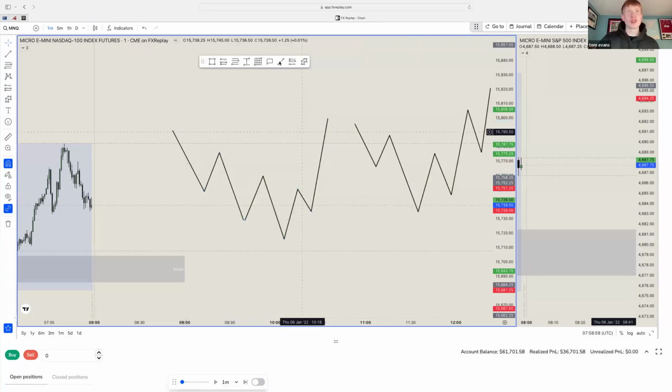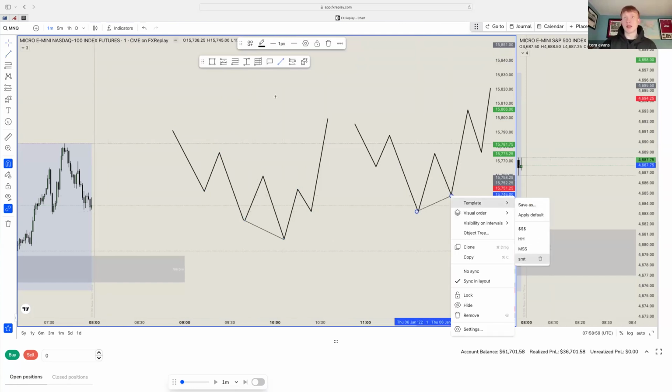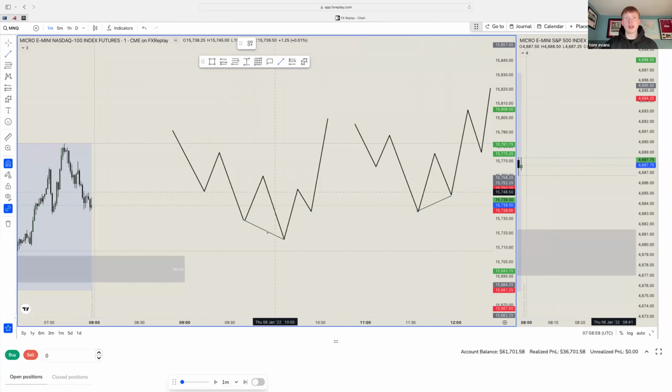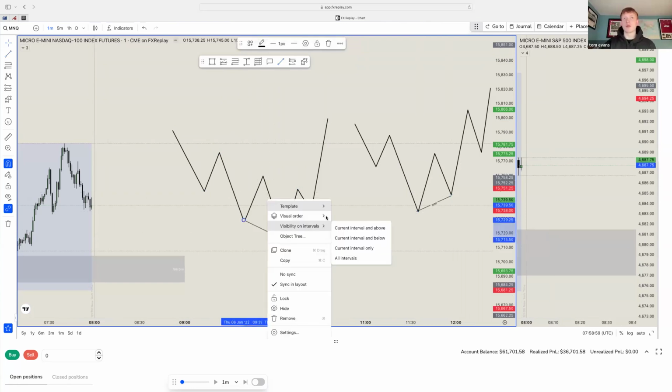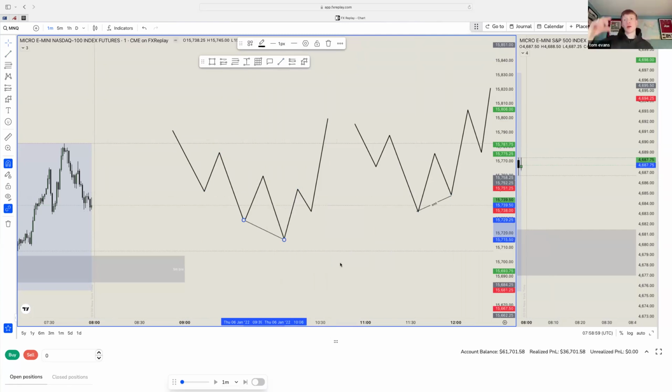As you can see on the Nasdaq, we swept this low, whereas on the S&P 500, we did not. So this is your SMT. The SMT is where you have the breaking correlation where the pairs do not correlate in their price action. So where one makes a lower low and another doesn't, that is an SMT.